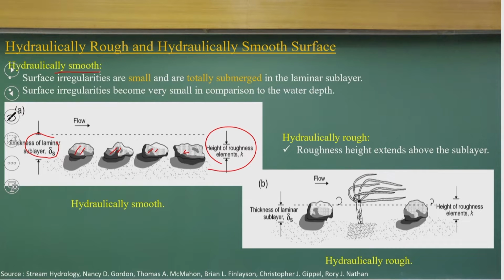In this case, the surface irregularities are small and totally submerged in the laminar sublayer.